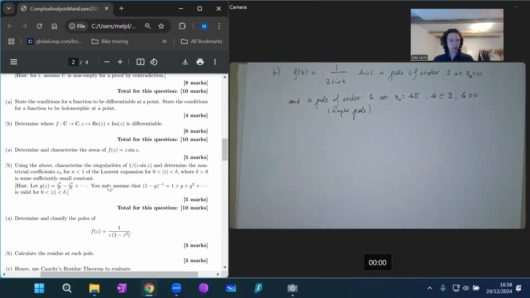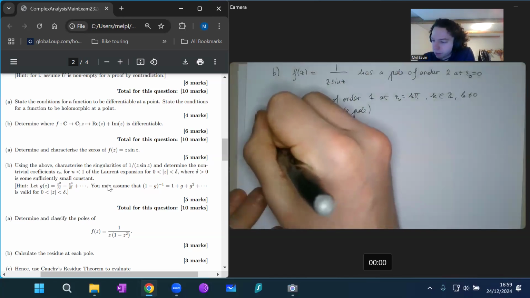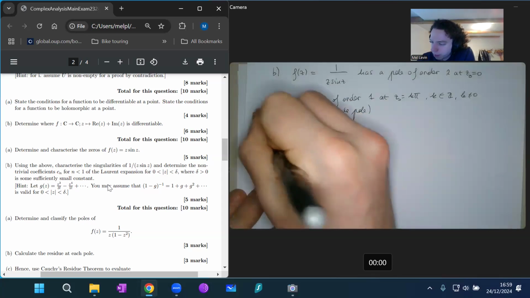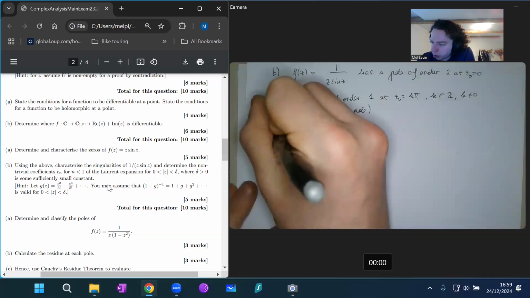But they want more. Basically, they want the Laurent expansion centered around 0, in the set mod z between 0 and delta.